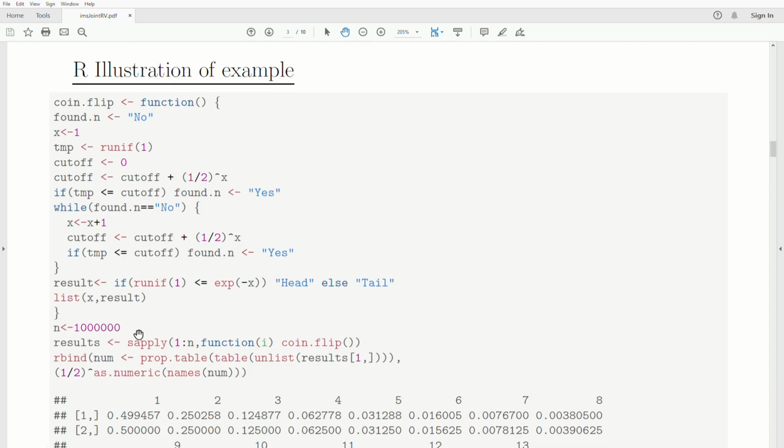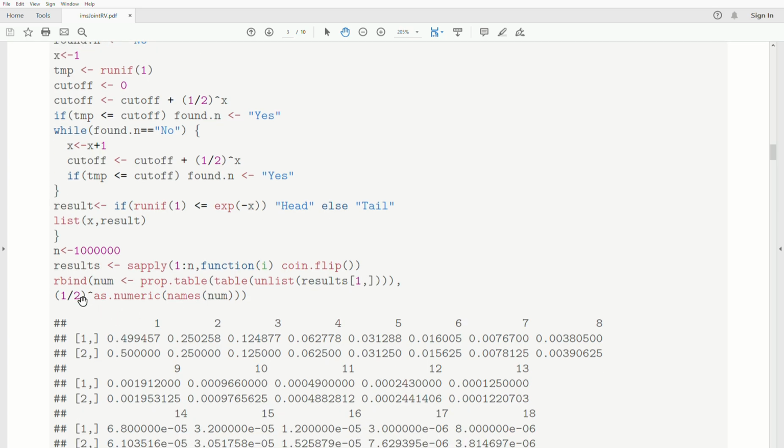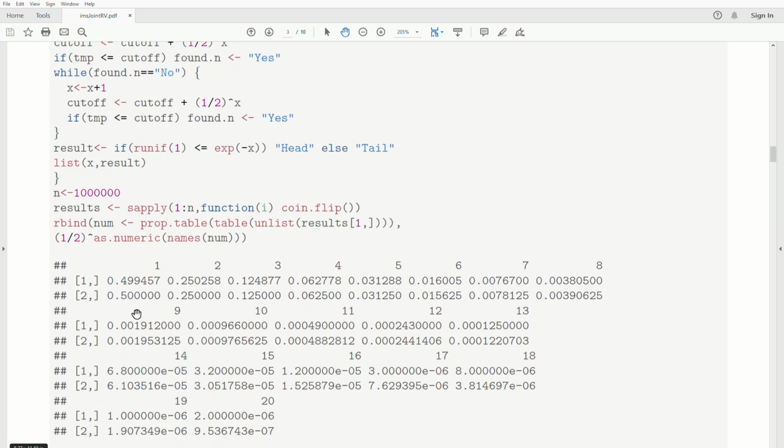We're going to do this 1,000,000 times, so we use sapply from 1 to 1,000,000. We flip the coin and store the results in results. Now let's look at row 1, which is the random integer that we picked, and we also print out the theoretical.